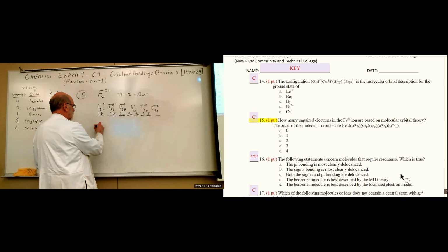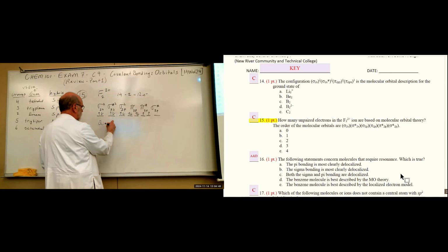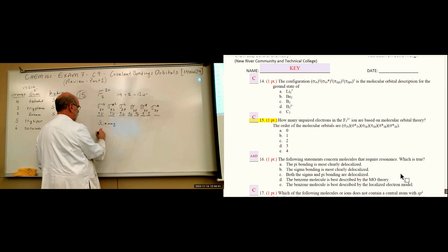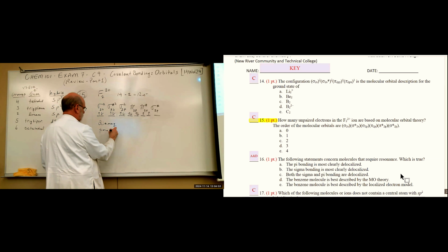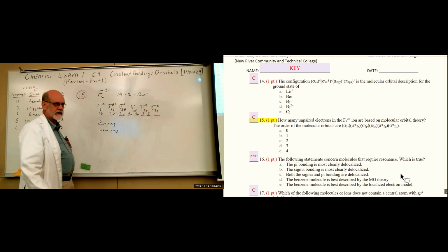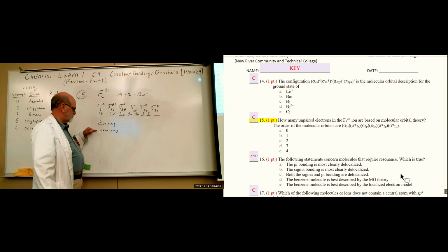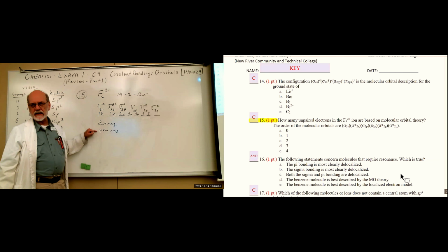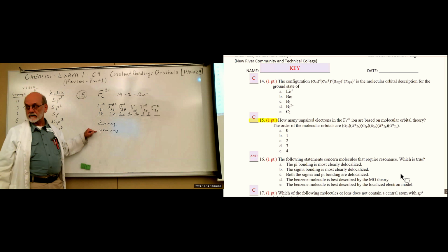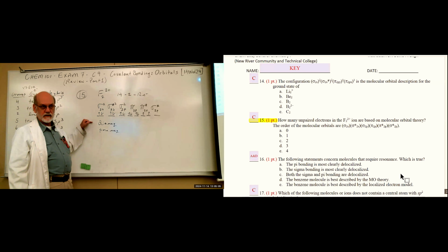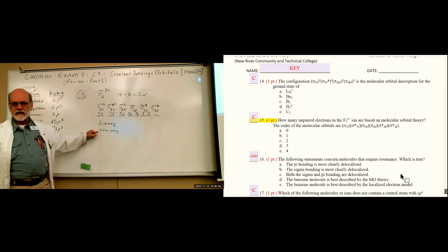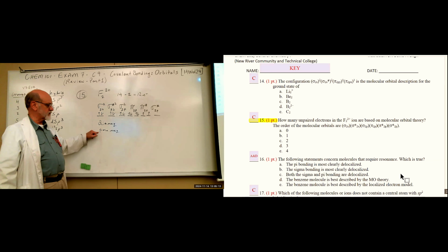Now, would this one be diamagnetic or paramagnetic? Remember the difference? Paramagnetic means it's attracted to a magnetic field. Dia means it's opposed to. The Greek prefix para means alongside or with. So that makes more sense.